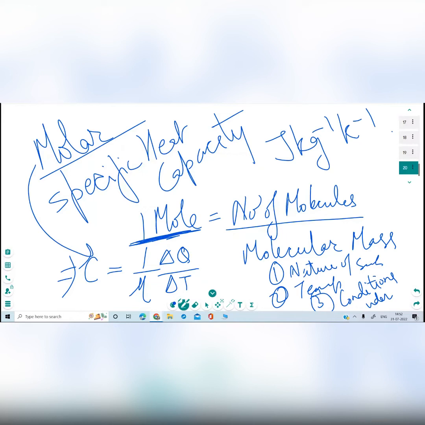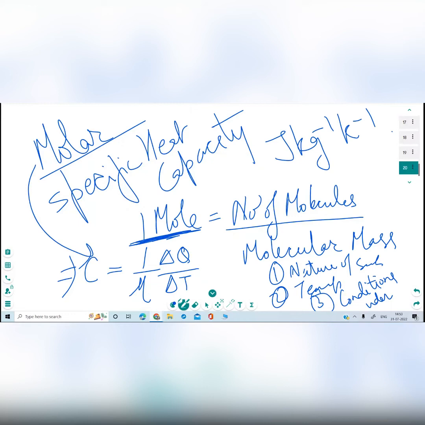In 1 mark questions like molar specific heat depends upon, you have to give the right answers, or they will have 3-4 options and you have to tick mark like that.